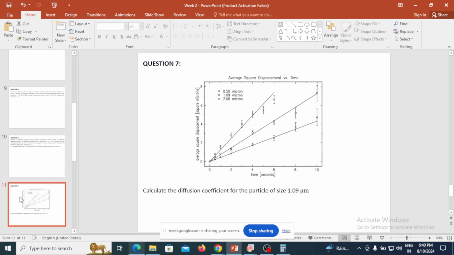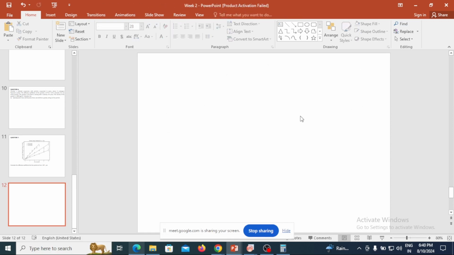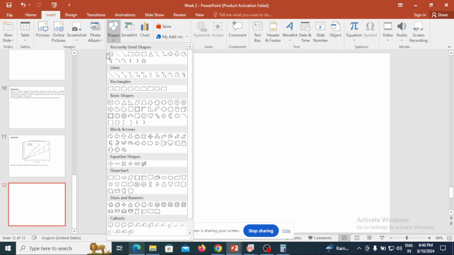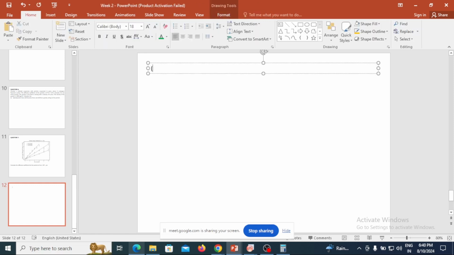So let me just write what it means. x(t) the whole square is nothing but the mean square displacement. It is basically you take the average of the displacement that it covers at different instants of time and then you square that.